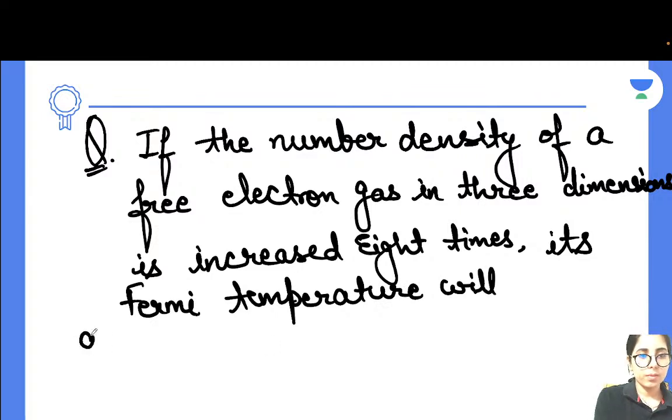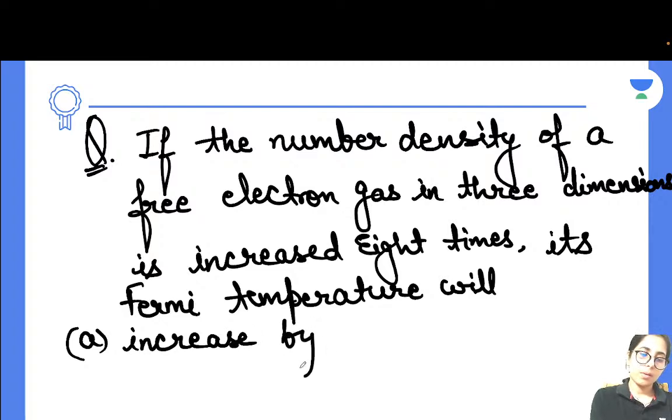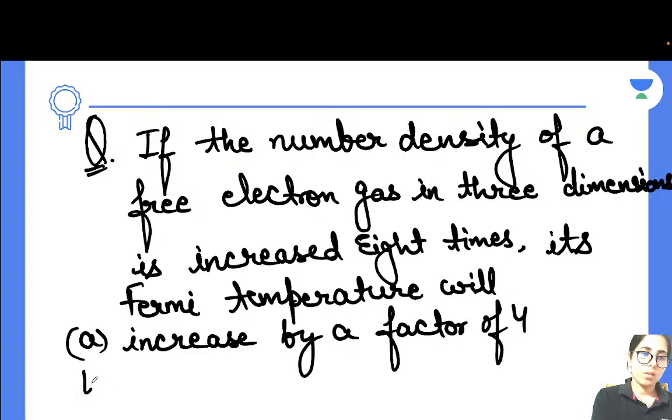Options are: A, increase by a factor of 4. Next one is decrease by a factor of 4.